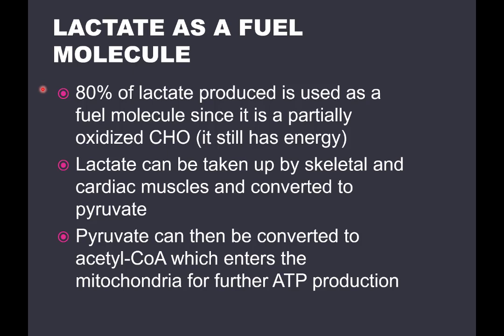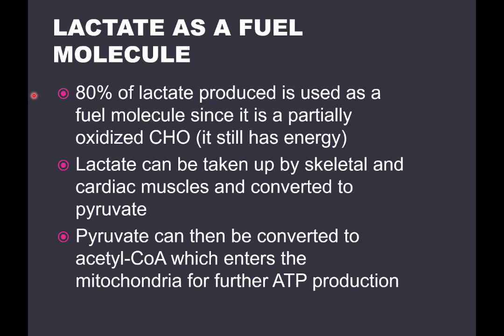It is a valuable fuel molecule that your cells can utilize, especially muscle cells. So just to reiterate, the lactate that was formed can eventually be reconverted back to pyruvate, and then that pyruvate can enter the aerobic system for further oxidation and ATP production.